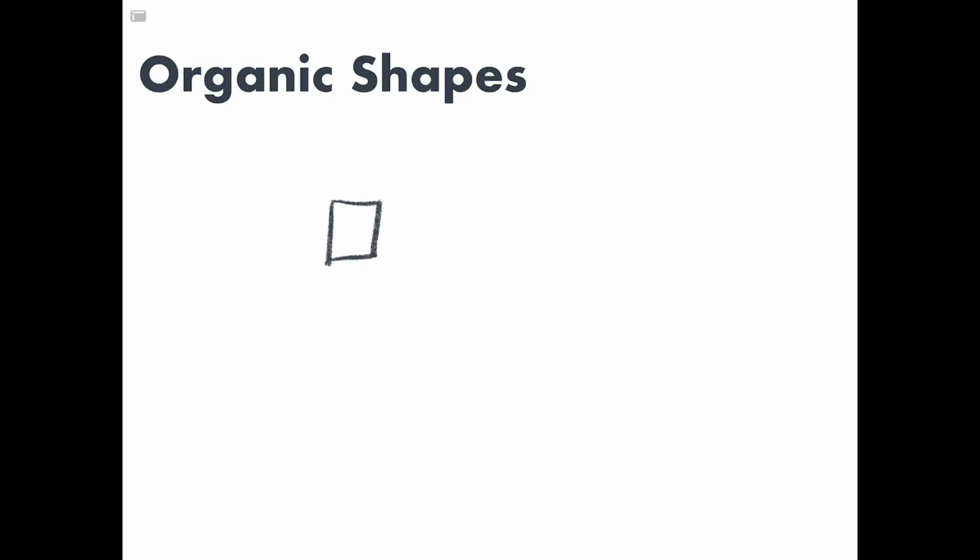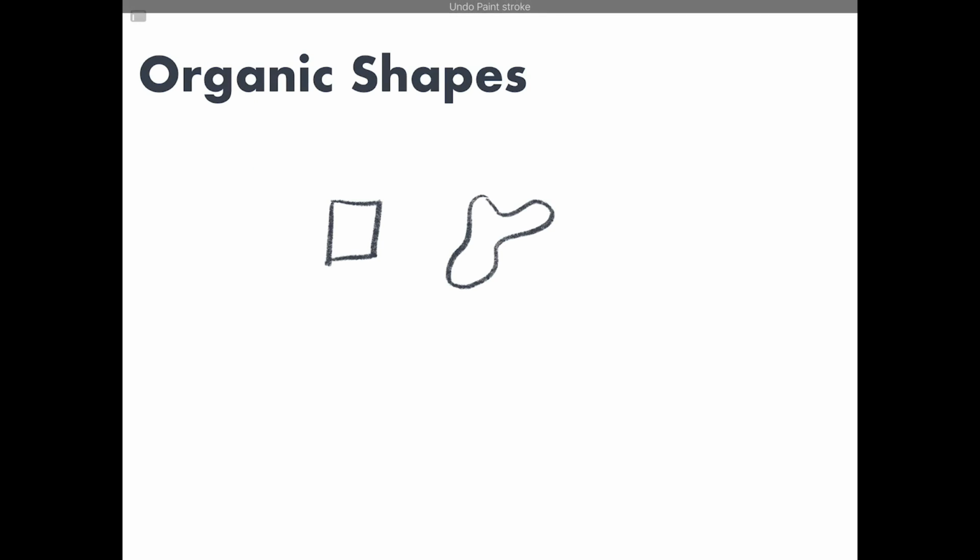And in art, when we say the word organic, we're really referring to any shape that is not a geometric shape. So that's a geometric shape. That is an organic shape. Now, the reason we call it organic is because that does refer to nature. And when we look at nature, we don't see geometric shapes. We see lots of curves, lots of things that are not perfectly straight.